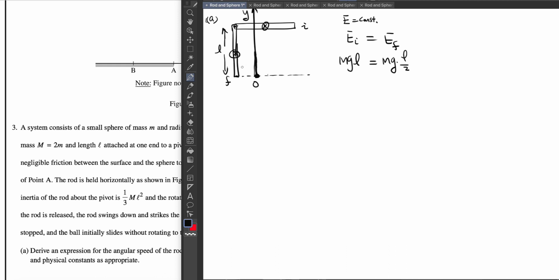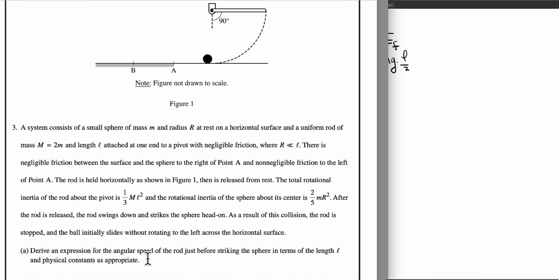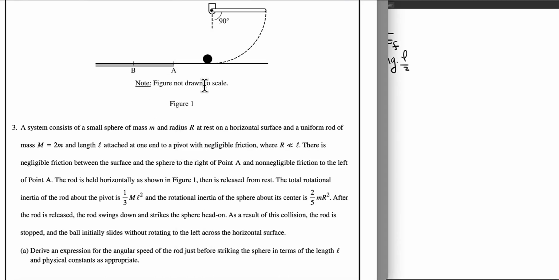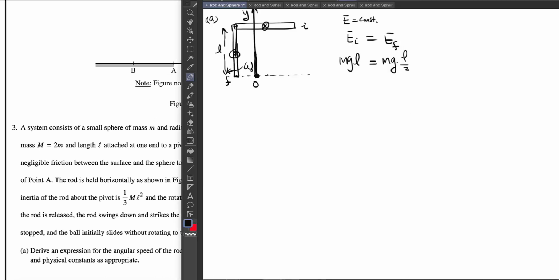Now, because now the rod is swinging this way, suppose its angular velocity is omega. So let me say it's omega naught, because I want to consider the collision later on, and I want to call that the initial angular speed.